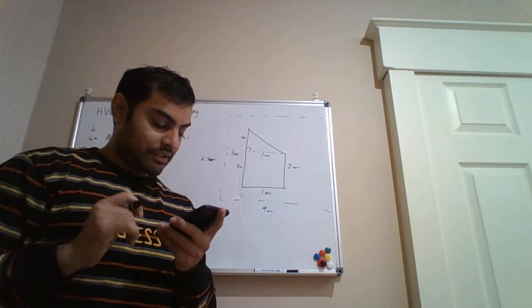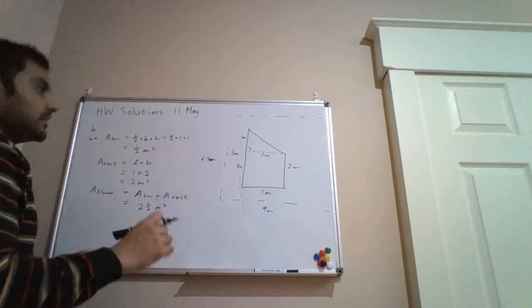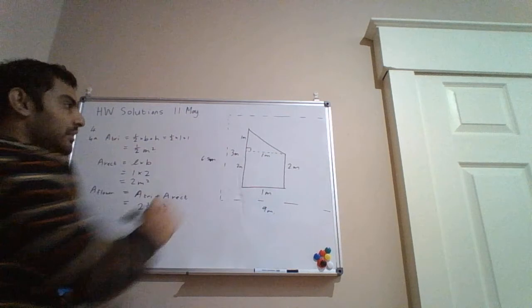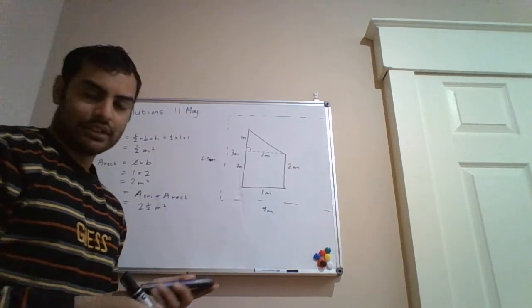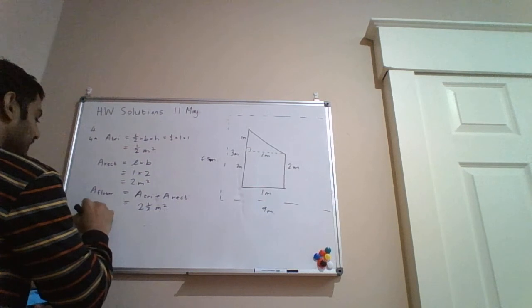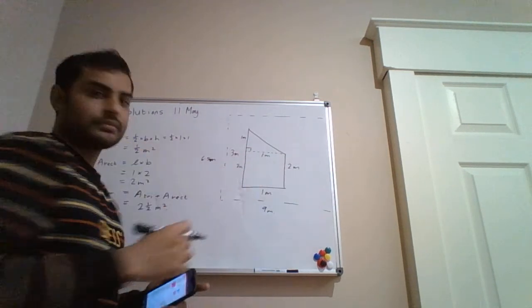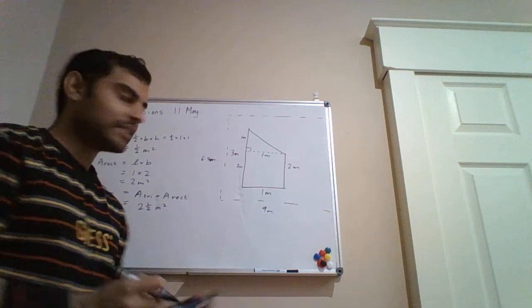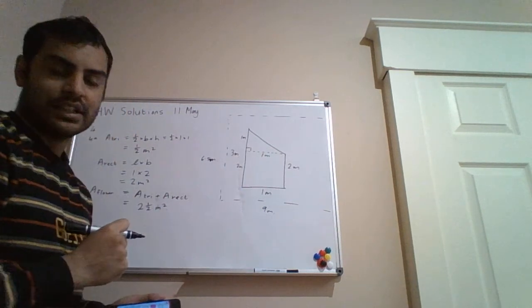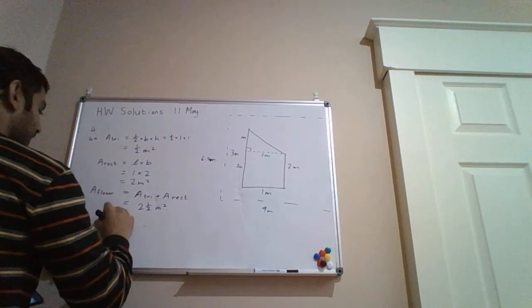Okay, next find the area of the lawn that is left. So this shape was cut out of the rectangular lawn. So to solve this, we first find the area of the lawn, and then we subtract the area that was cut out, the area of the flower bed. So let's first find the area of the lawn.